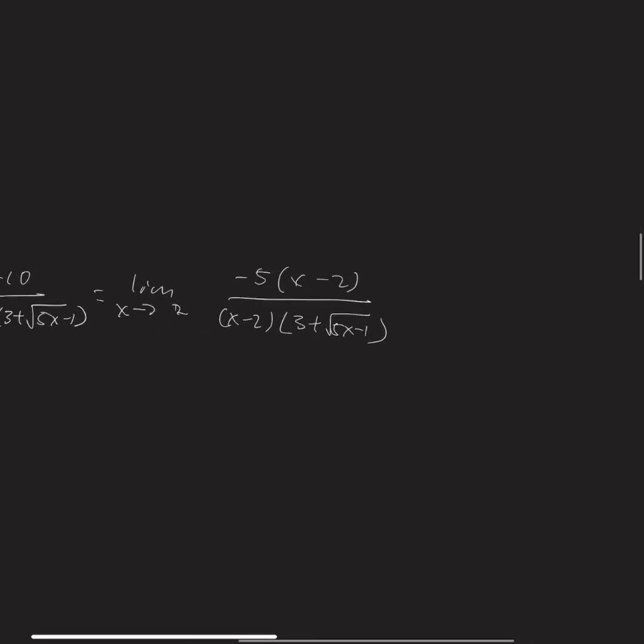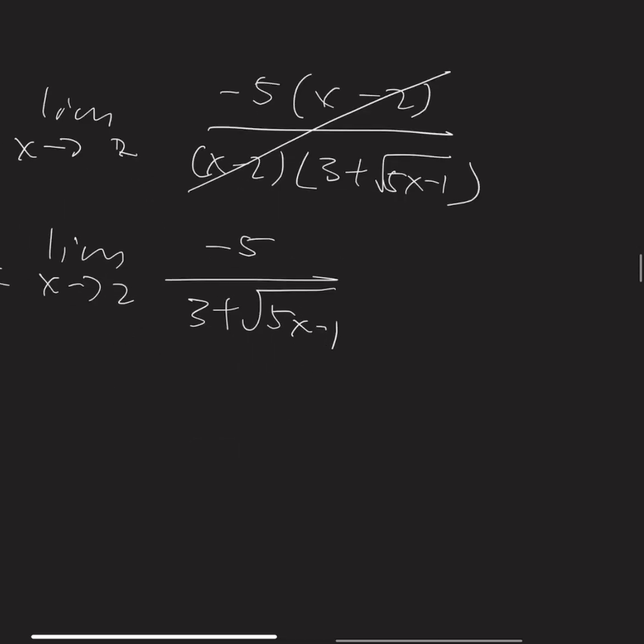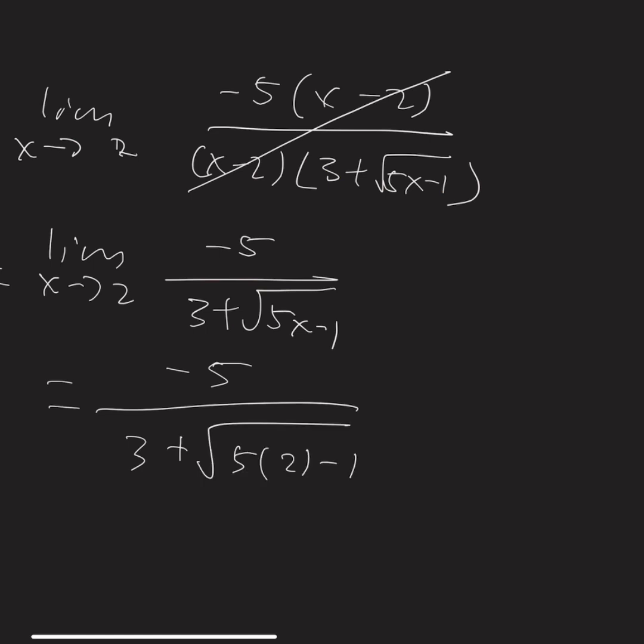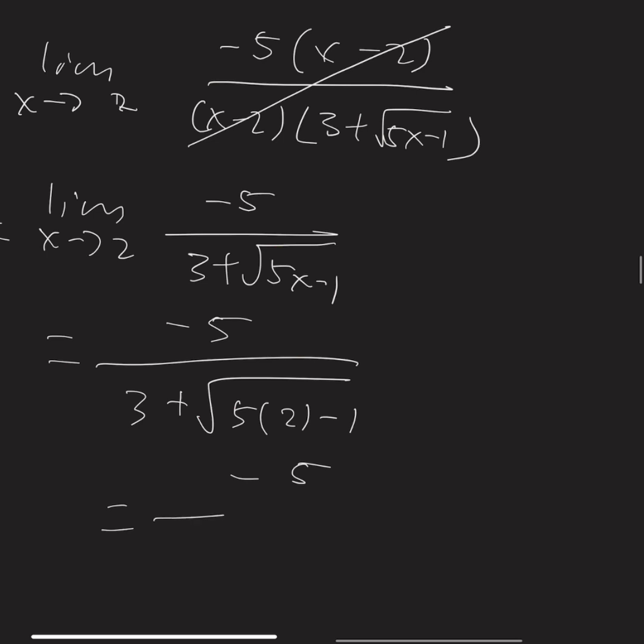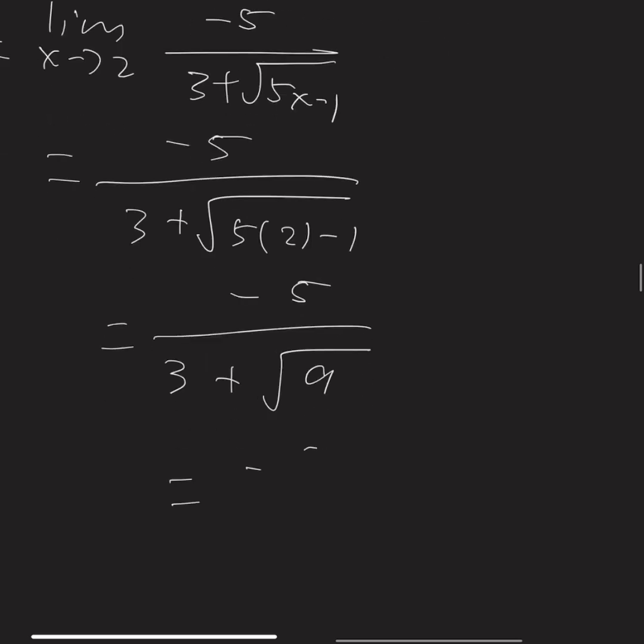What is this equal to? Well, we can cancel all this, so that's equal to the limit as x approaches 2 of negative 5 over 3 plus square root of 5x minus 1. We can substitute the value here: negative 5 over 3 plus square root of 5 times 2 minus 1. We see that's negative 5 over 3 plus square root of 9. That's negative 5 over 6.